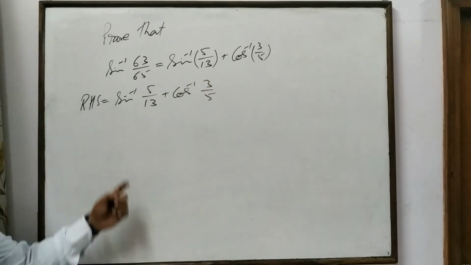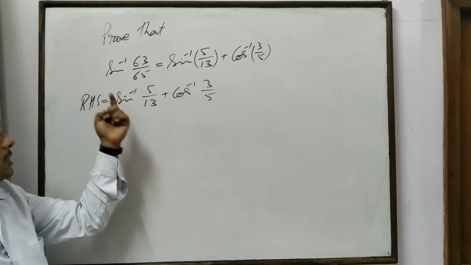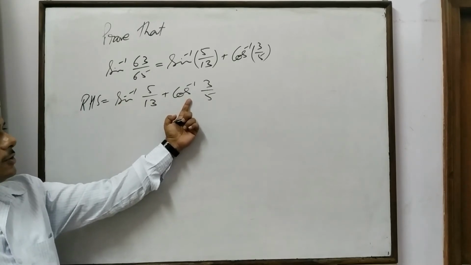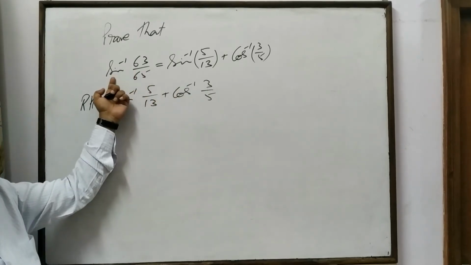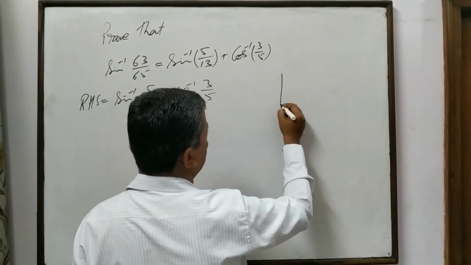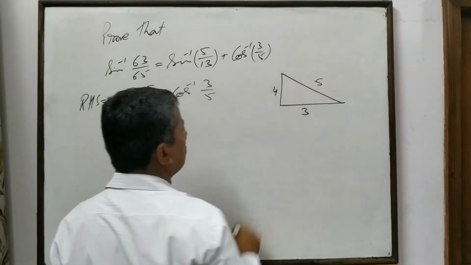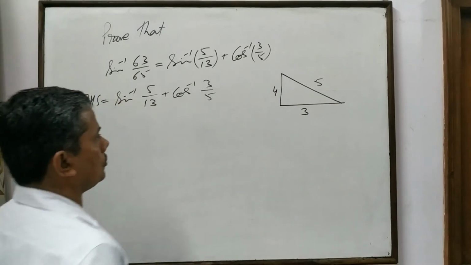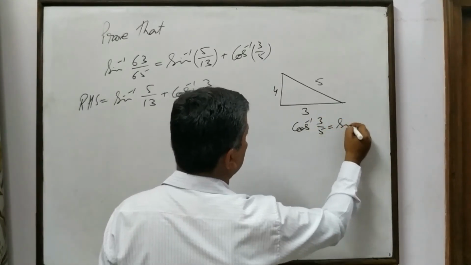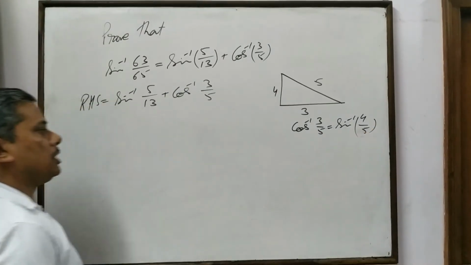Now as I told you earlier, sine inverse will add with sine inverse, cos inverse will add with cos inverse. Now either convert this sine inverse to cos inverse, or this cos inverse to sine inverse. But because the left hand side has sine, we will convert this into sine inverse. So cos inverse 3/5: cos is base upon hypotenuse, 3 and 5, then by Pythagoras this comes out to be 4. So cos inverse 3/5 is equal to sin inverse 4/5, perpendicular upon hypotenuse.